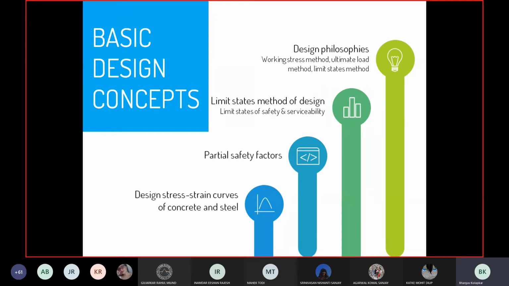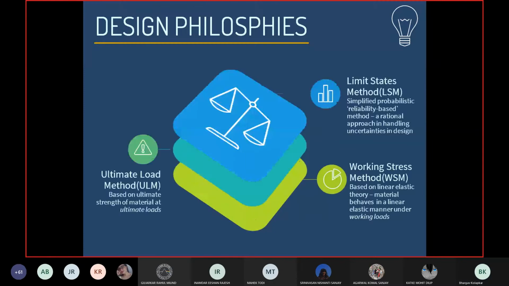So the first thing that we're going to look at is the design philosophies. We have heard of these terms before: working stress method, ultimate load method, limit states method. We are not going to get into what exactly these are, and when and how they are used.